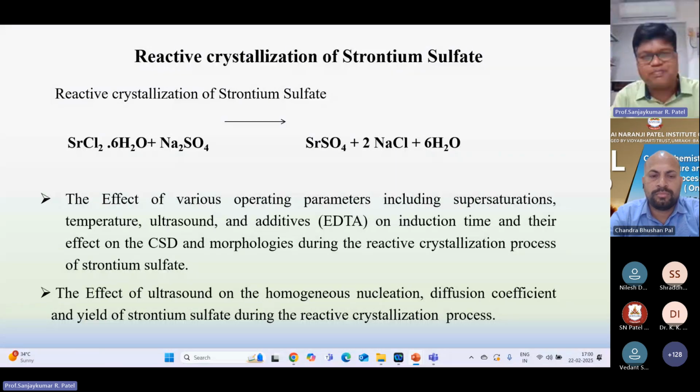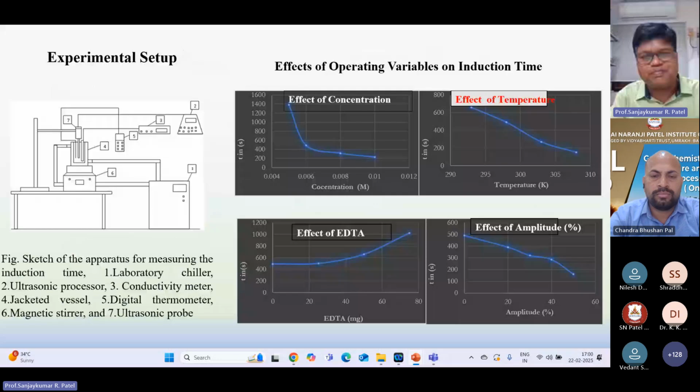We took this reaction and did it, changed the concentrations of the reactants, added some additives, and were also able to tailor the amplitude of the ultrasound. We changed the temperature as well, and concentration, temperature or amplitude all have an effect on the induction time. Most of these, temperature and concentration, are decreasing the induction time.